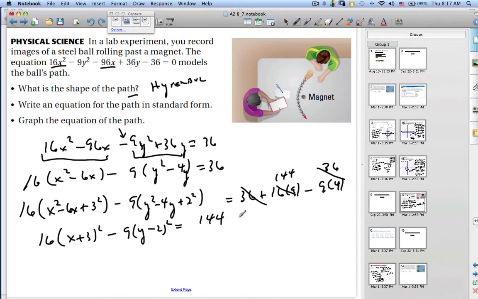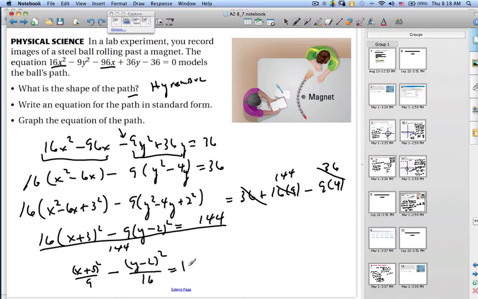This is going to be 144. And I'll divide everything by 144. So I'll have x plus 3 squared over 9 minus y minus 2 squared over 16 equals 1. So this is my equation.